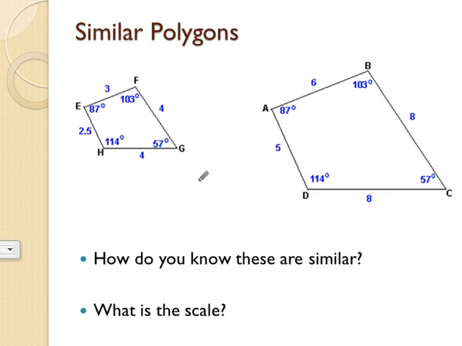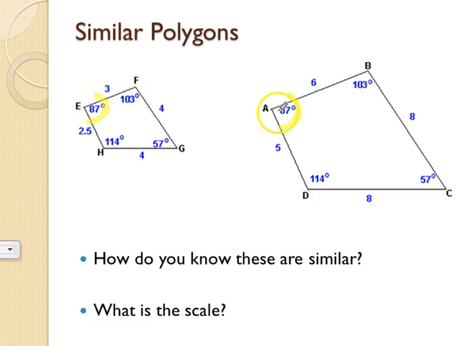So here's an example of some similar figures. How do we know that these figures are similar? So let's look. We learned that all corresponding angles must be congruent. So let's check that to make sure. These are oriented in the same direction, which is really nice.